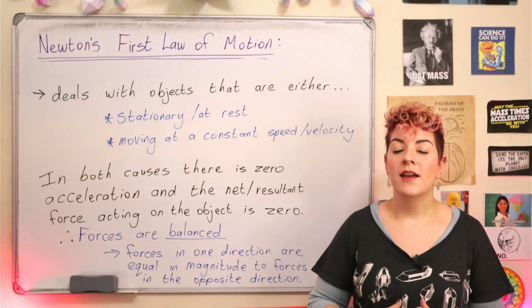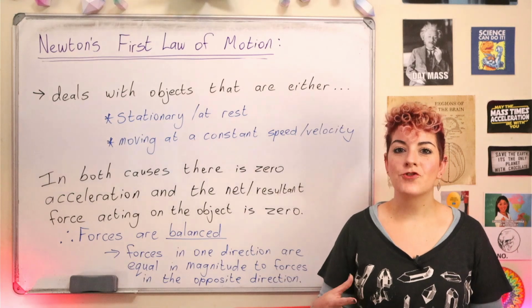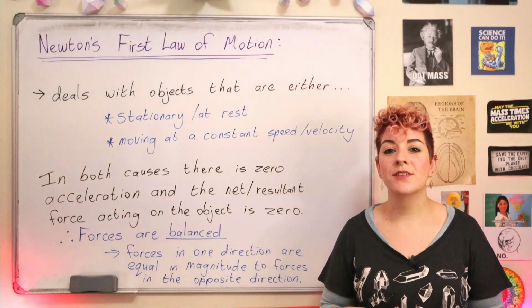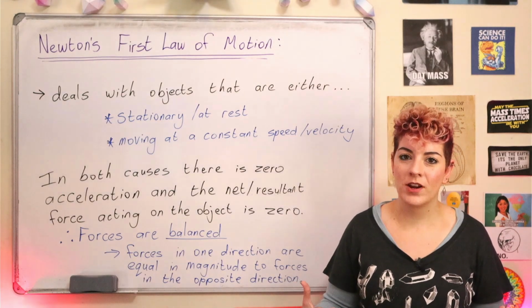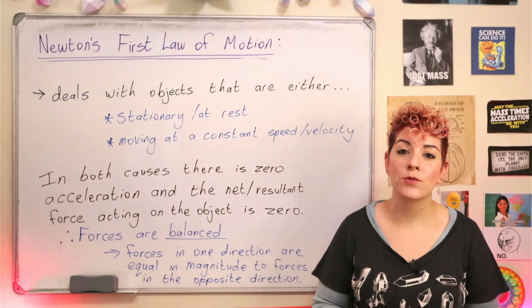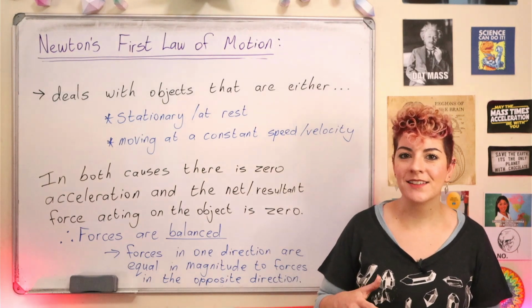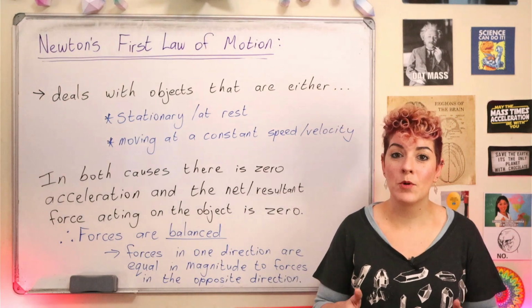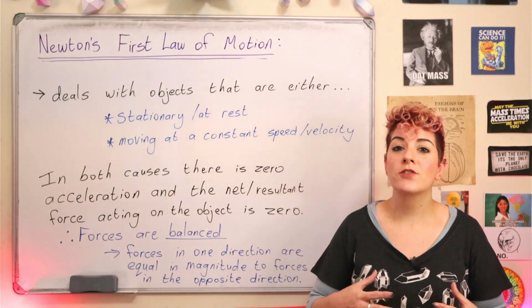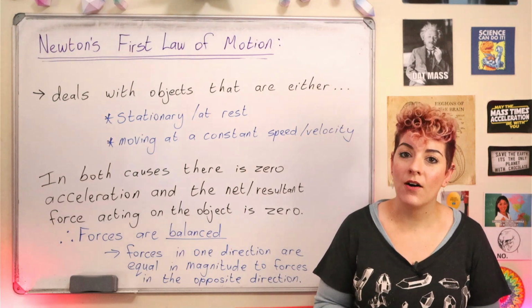This means that there is no acceleration of your object, because in order to have acceleration, your velocity or speed needs to change over time. So if velocity stays the same or constant, then there is no acceleration of the object.